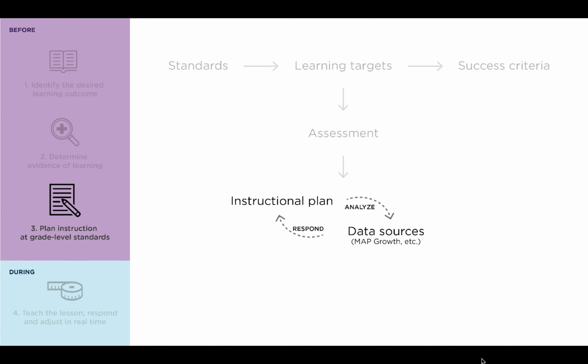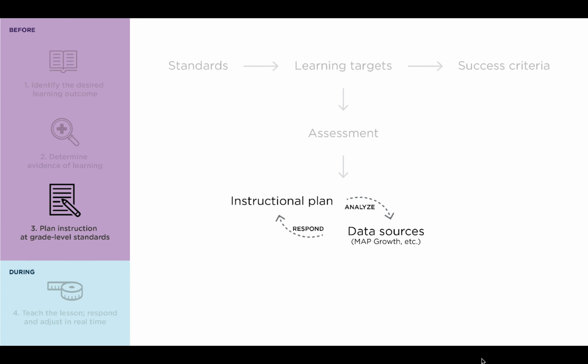After you have planned for the rigor of your grade level, consult your MAP growth data to check in on where students are likely ready to learn relative to what you are trying to teach. Consider multiple data sources to confirm the scaffolding or enrichment needs you surface in MAP growth.